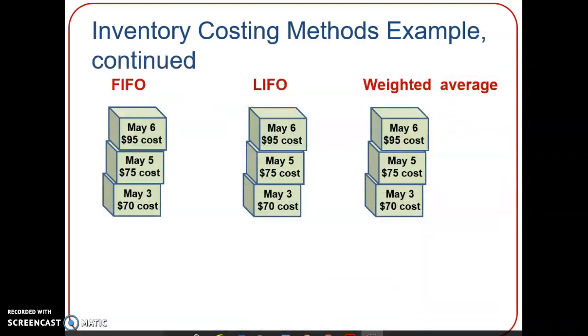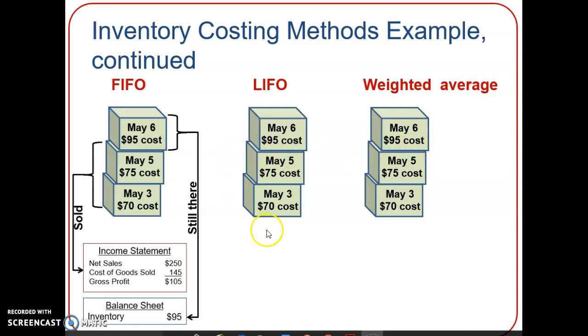Alright, so the next 3 methods each require some calculation: the FIFO, or first in, first out, the LIFO, last in, first out, and the weighted average method. The same scenario. So let's look at the FIFO. The FIFO says first in, first out.